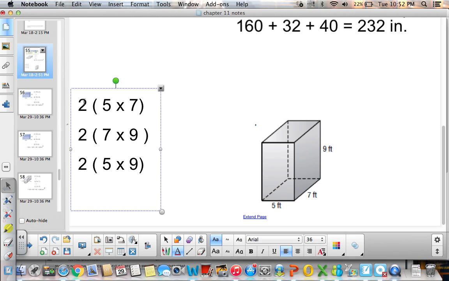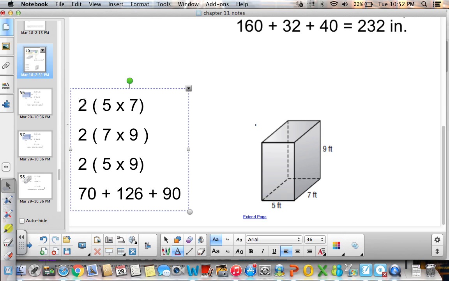And we get 5 times 7 is 35, times 2 is 70, plus 7 times 9 is 63, times 2 would be 126, and then 5 times 9 is 45, times 2 is 90.